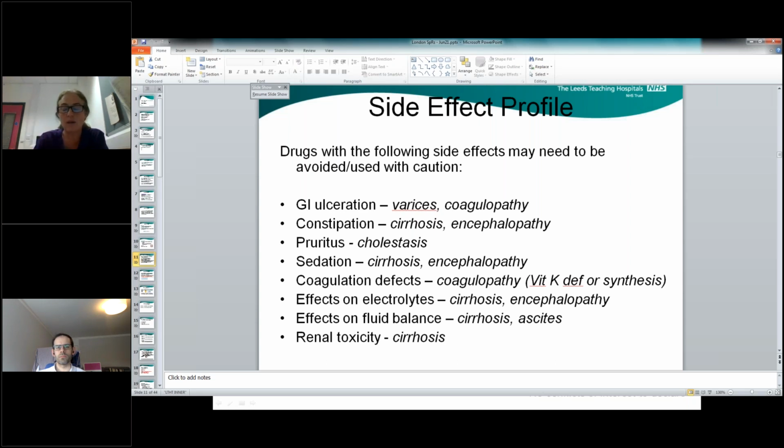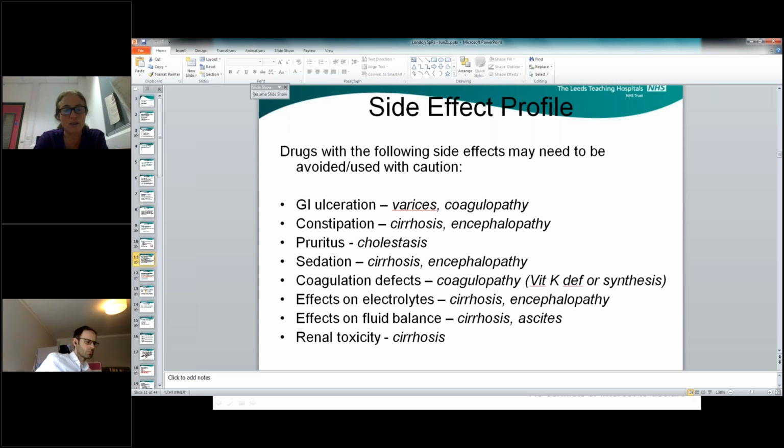Some of them will be obvious, but sometimes it's a bit less obvious. And with the electrolytes, it may even be the excipients in a drug that have a high sodium content. So you need to be aware that maybe you don't want to use that drug because of the sodium content, or you want to dissolve it in dextrose instead of saline to give IV to minimize the sodium load that we're giving to somebody.